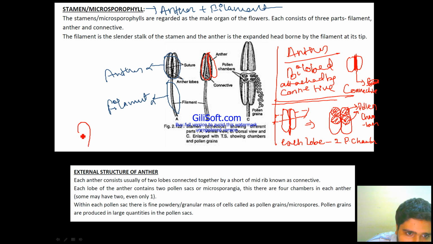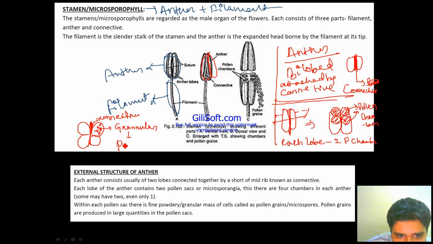Again, here you have the pollen chambers, the lobe, and the connective. Inside this pollen chamber you see tiny little granular substances. These are called pollens, and this is the microsporophyll.